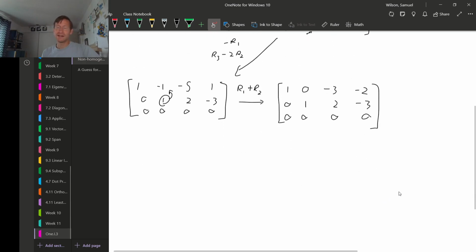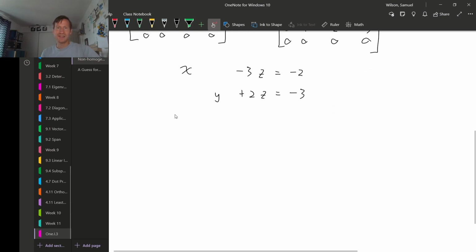Now we can write down our solution set, or translate this to equations and then solve those equations. So we have x minus 3z equals minus 2, and y plus 2z equals minus 3.